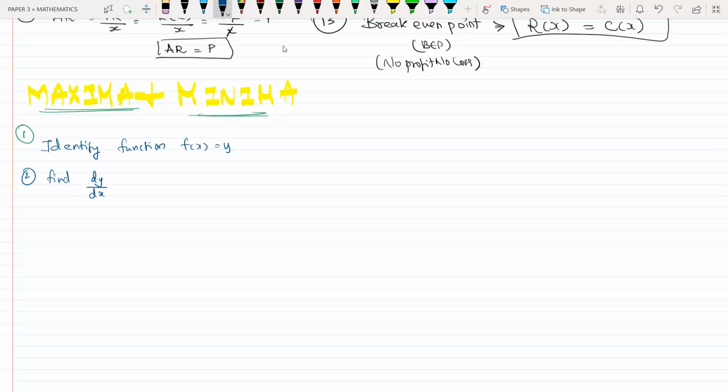Then put dy by dx is equal to 0 and find the value of x.